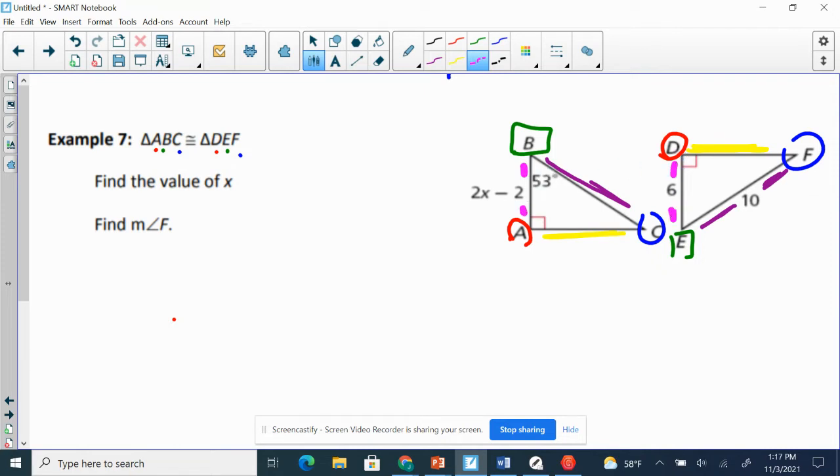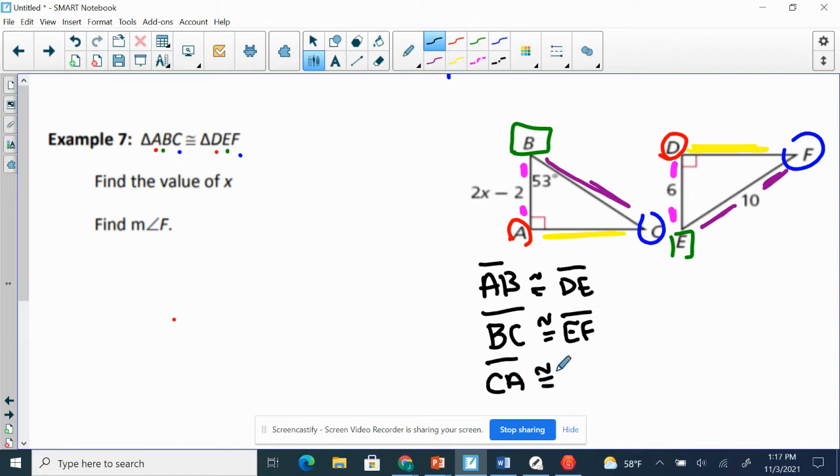Ideally, you want to name A to B and then D to E. So side AB is congruent to DE, because red to green, red to green. And then side BC is congruent to EF, green to blue. And then blue to red, side CA is congruent to FD.